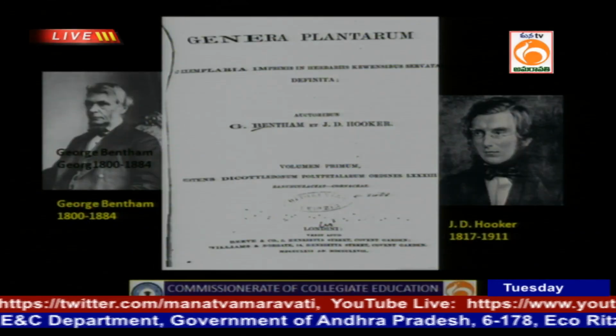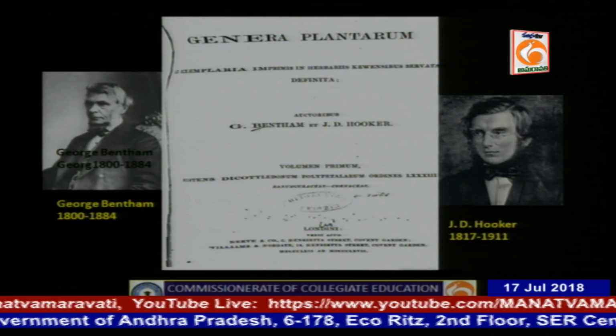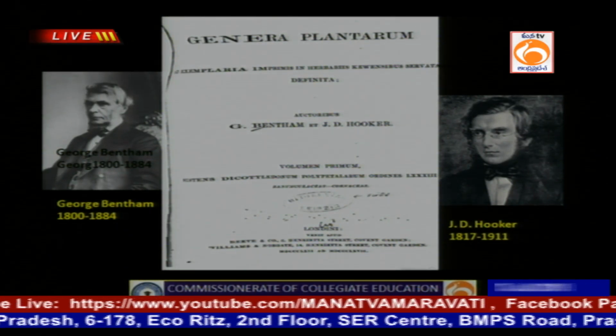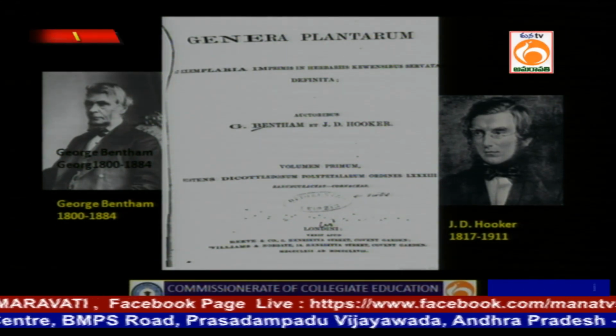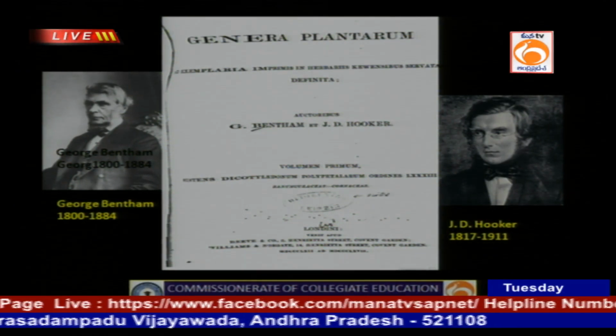They are particular, according to the code called the International Code of Botanical Nomenclature. There are various types of classifications we know. The three important classifications are: one, the artificial system of classification, when taxonomy was initially started; later the natural systems of classification; and finally the evolutionary type of classification, which is called the phylogenetic system of classification.